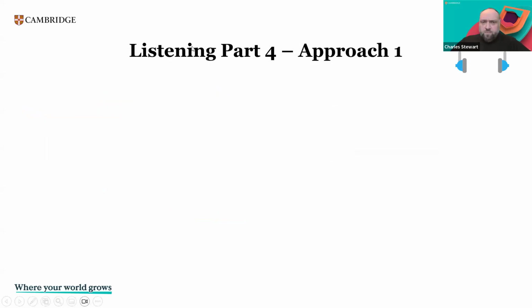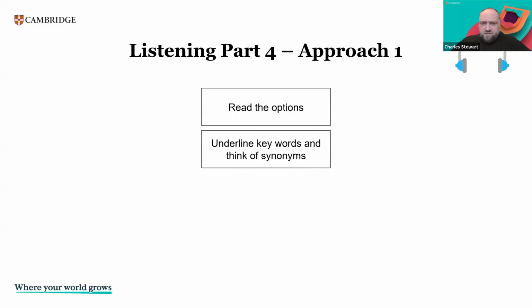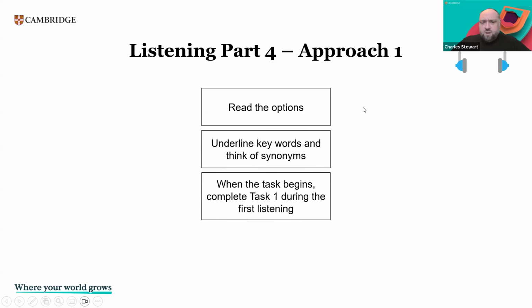So for part four, there are a couple of different approaches that you can take. Approach one would be, first of all, you read the options in the 45 seconds, you underline the keywords, and as you're doing it, try to think of various synonyms that you may hear. And then when the speaker starts speaking, you're only focusing on task one.